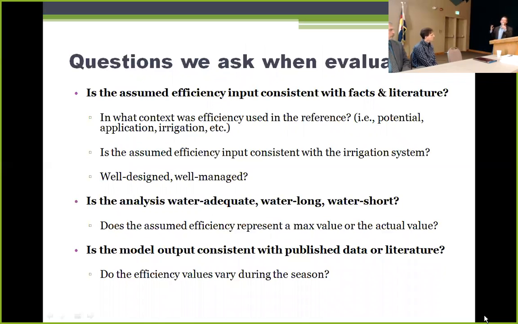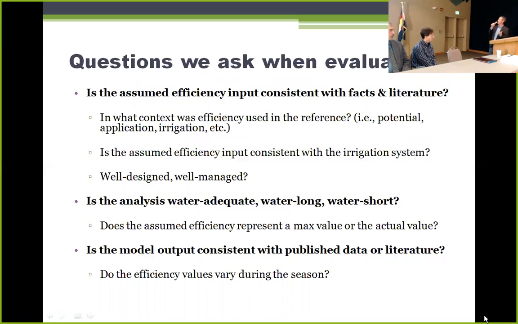So the questions that we ask ourselves when looking at these models and efficiencies and analyses are: Is the assumed efficiency input consistent with the facts and literature? What number are we sticking in the model? Is that consistent with what we've seen? What context was the reference that we used in referring to efficiencies? Were they talking about potential efficiencies? Seasonal averages?